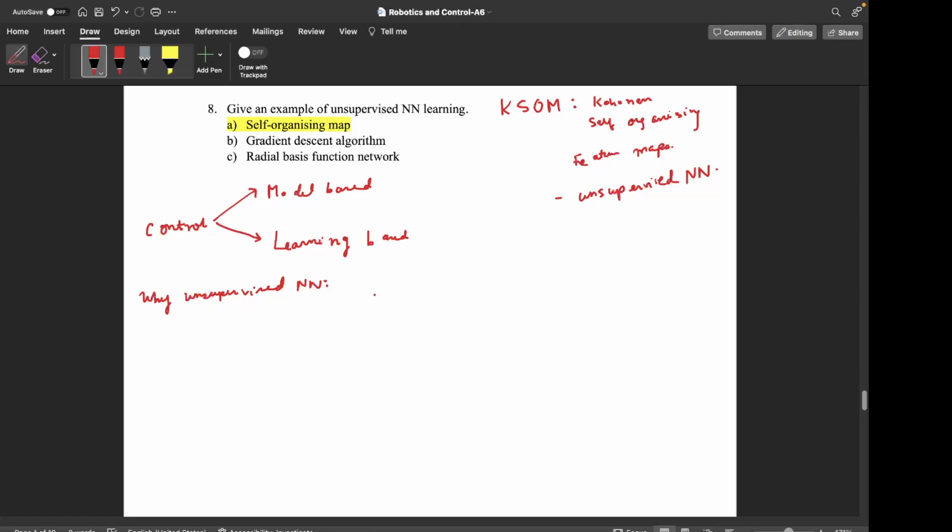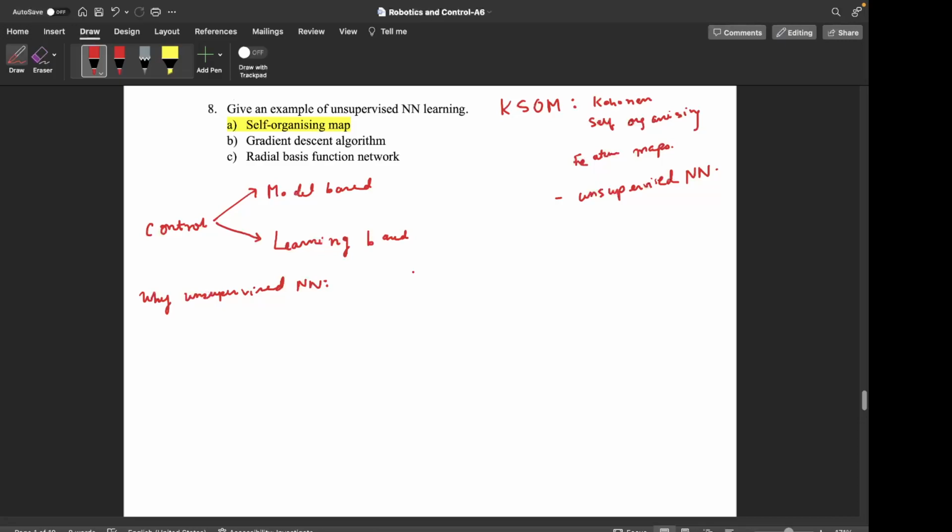Because the data that represents the joint angles corresponding to the desired position is not available, basically. So to avoid estimating the kinematics and computation of pseudo inverse, what do we use? We use unsupervised neural networks, right?